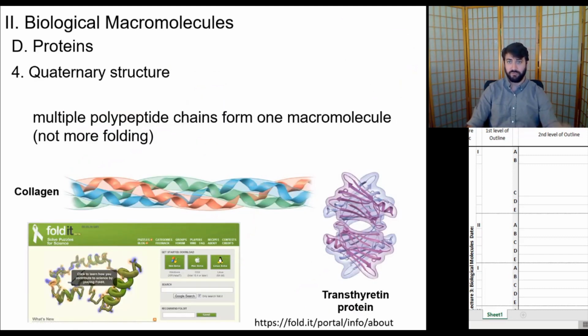Now, finally, you can have quaternary structures where you actually have several of the chains that you started out with that are then folded and then curved based on the functional groups. So folded based on the amino and carboxyl interactions, and then folded again from all the R groups. Now you take a couple of those and you stick them together, and all those R groups start having interactions.